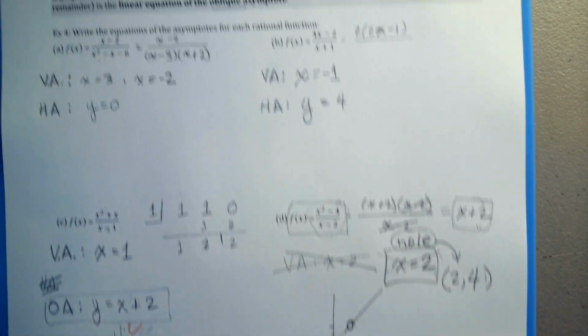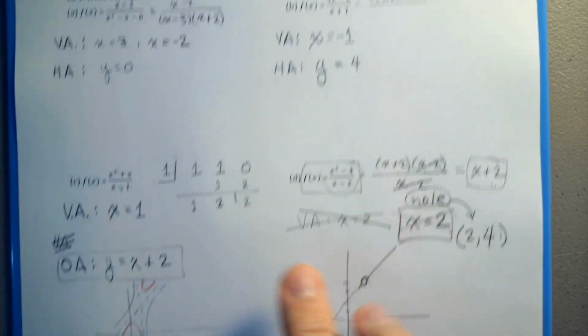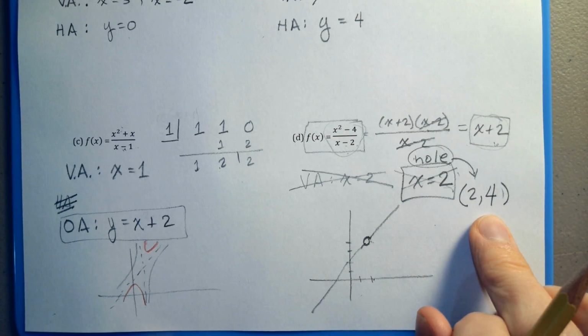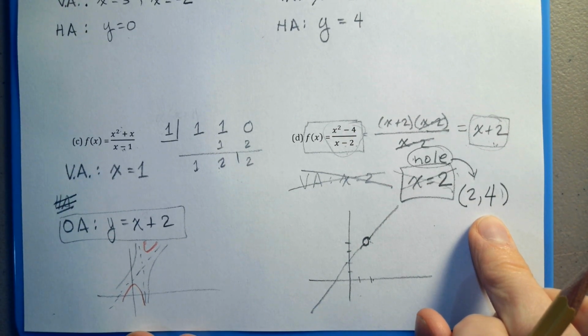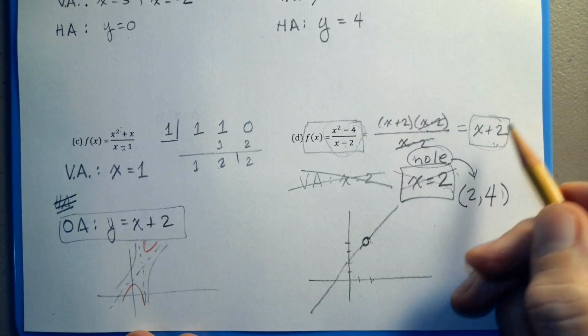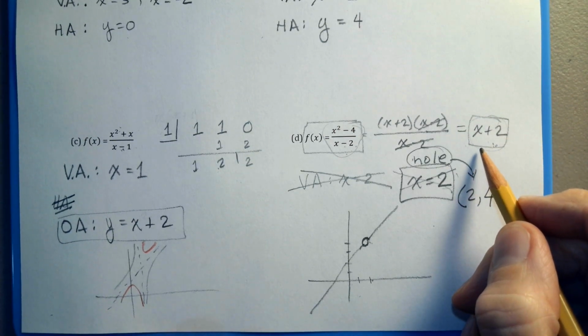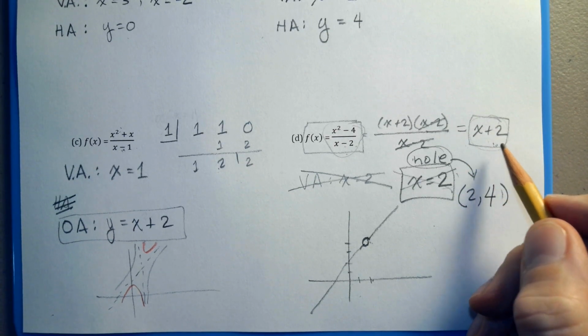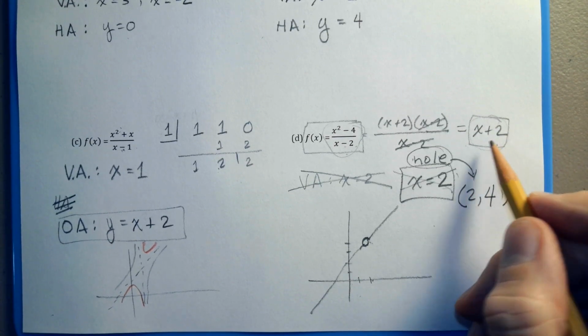Okay, so we've talked about vertical versus horizontal, oblique asymptotes, and situations that involve a hole. Okay, and then also think about, do we have any kind of asymptote here? We don't.